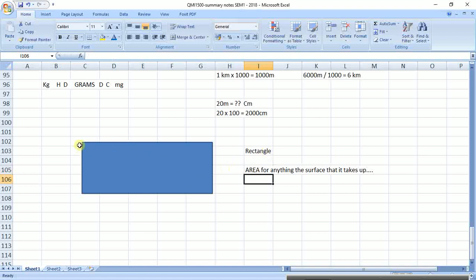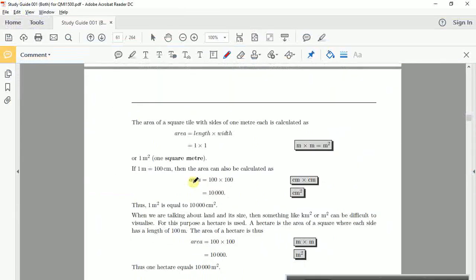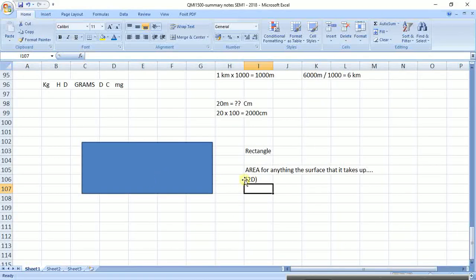So this square is taking up how much space? But two-dimensional space, not three-dimensional. 2D, not 3D. There's no depth. I'll discuss volume just now. Do they talk about volume here? Yes. So let's finish with area.